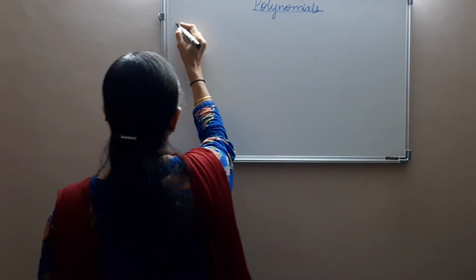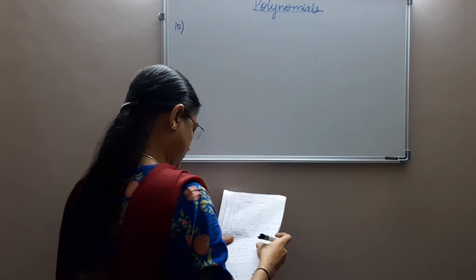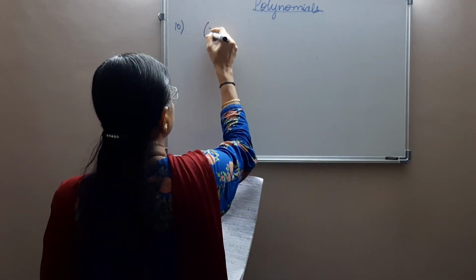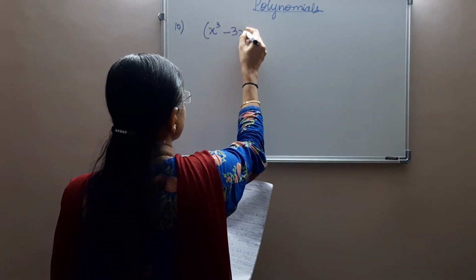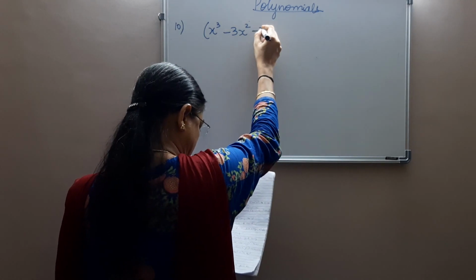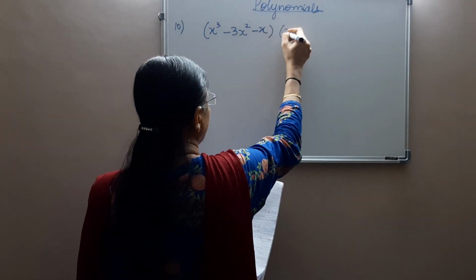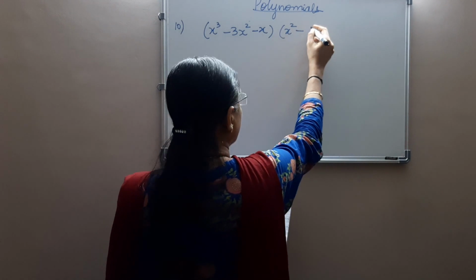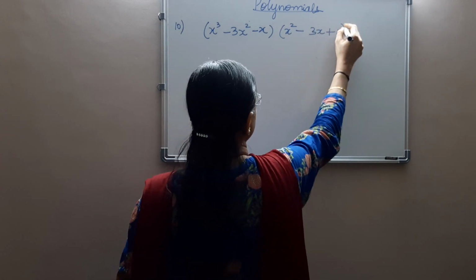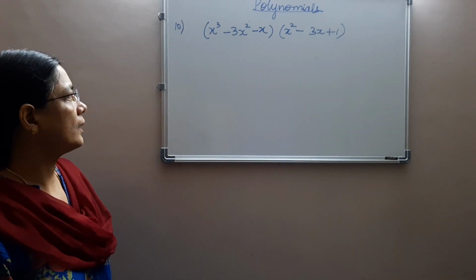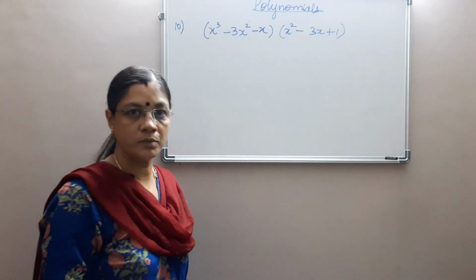Now the 10th sum is x cube minus 3x squared minus x into x squared minus 3x plus 1. You just observe the two terms.